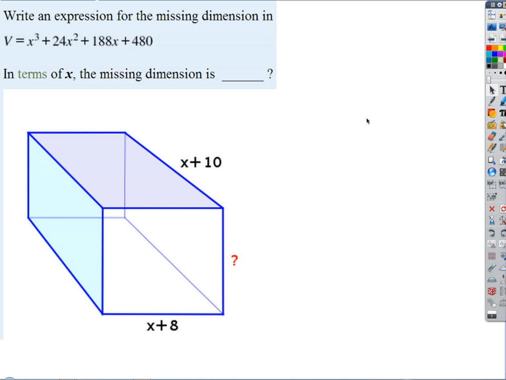So in other words, x plus 10 times x plus 8 times, let's just call this d, equals that.